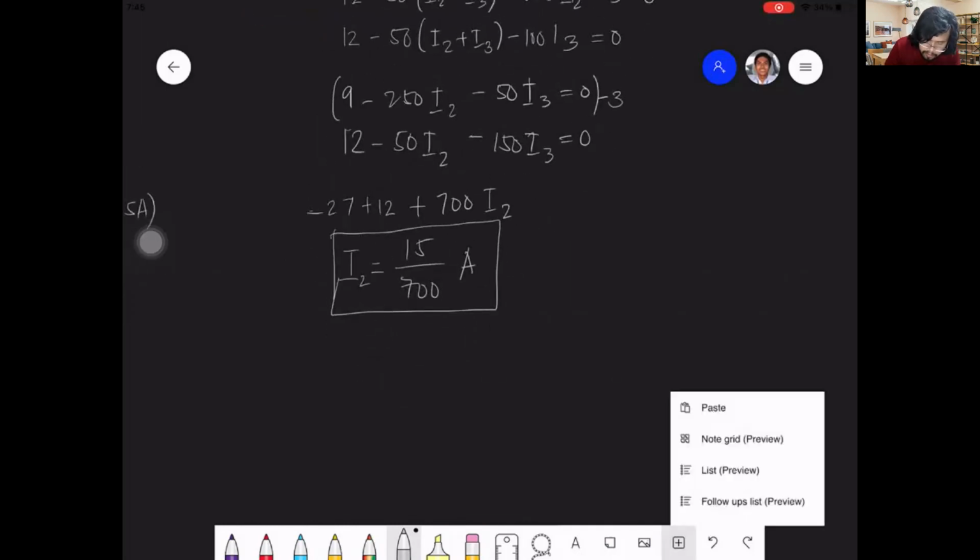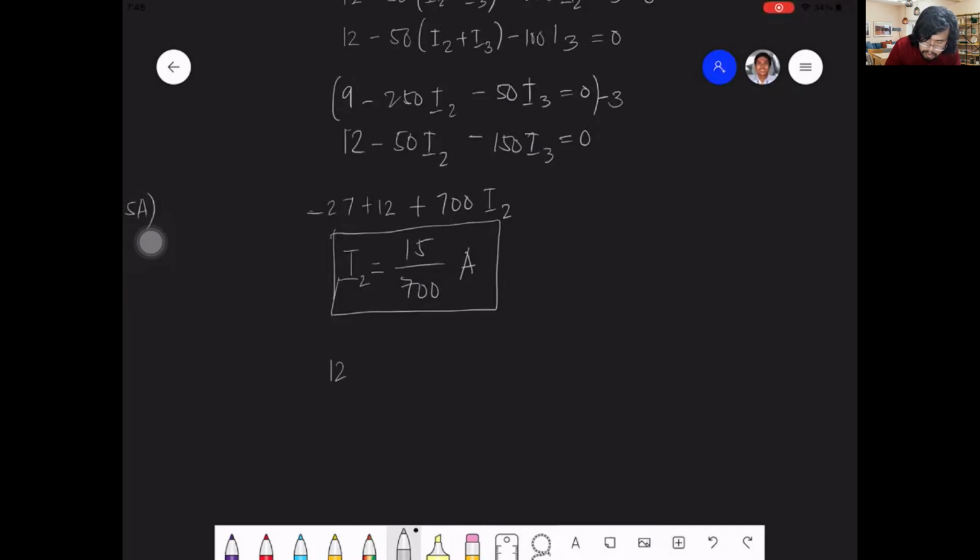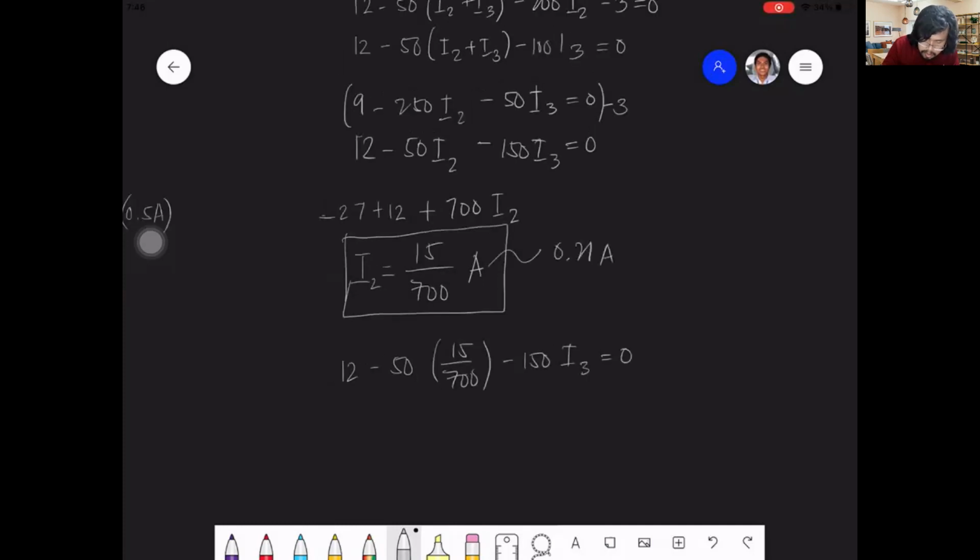It's 12 minus 50 times 15 over 700 minus 150 times I3. We get I3. You can simplify this. This is actually 0.21 amperes.